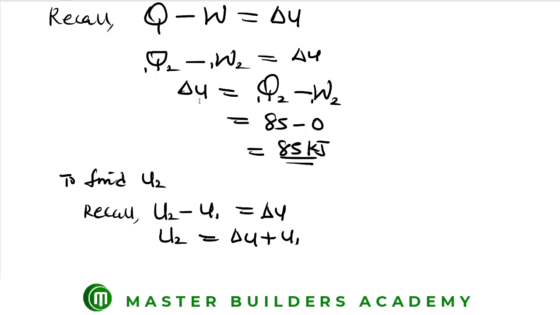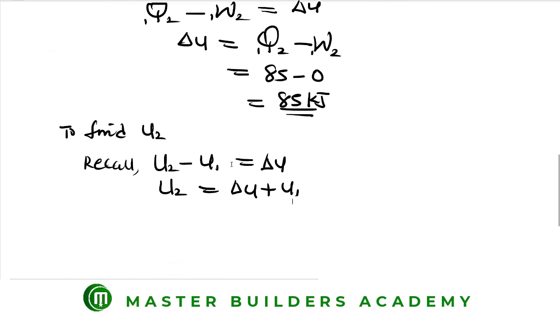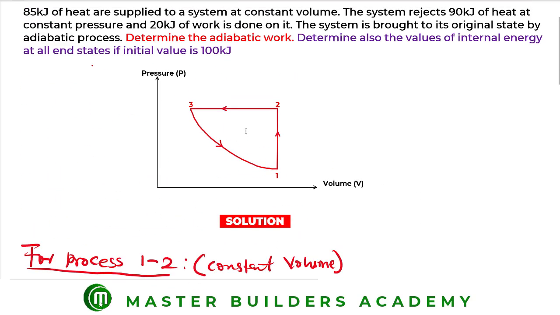It's as simple as this. Change in U is what we just obtained, and U1 is given as 100. So we add these two values together, 85 plus 100, which gives us 185 kilojoules. So this is the internal energy at point 2.